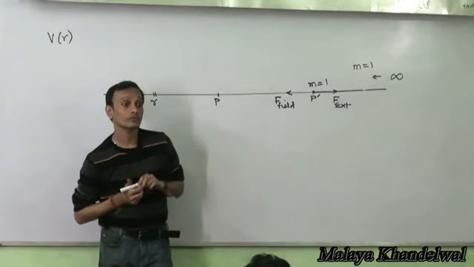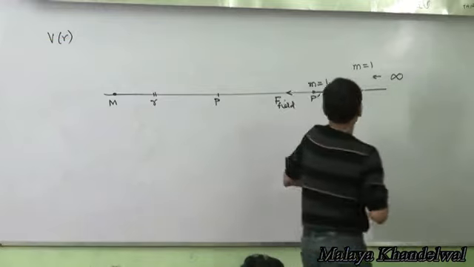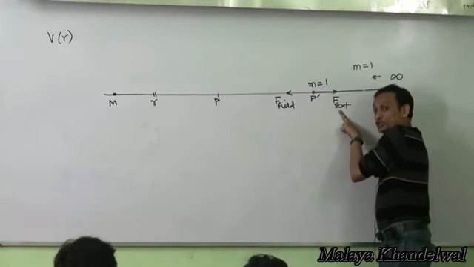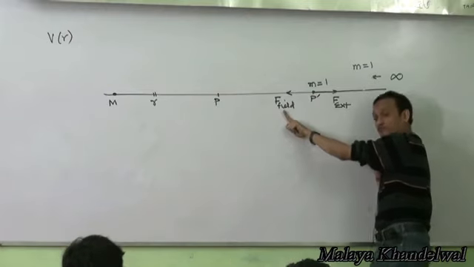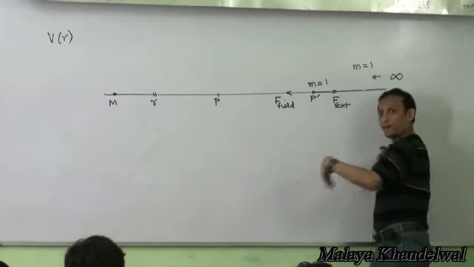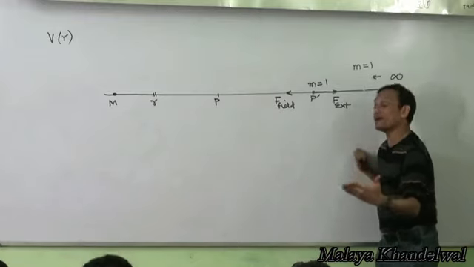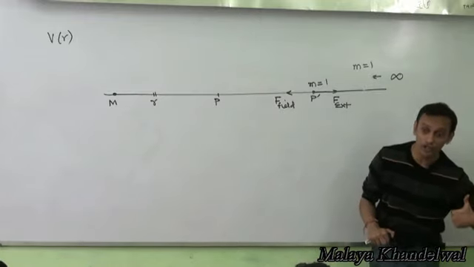Why? Because you want this external agent to not add kinetic energy to the particle. If F external was different from F of the field, then the particle will get accelerated, and if the particle gets accelerated, its kinetic energy would change.